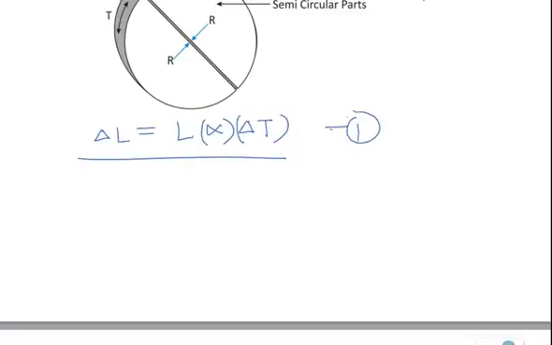So this is one aspect which we can write as delta L by L equal to alpha delta T.